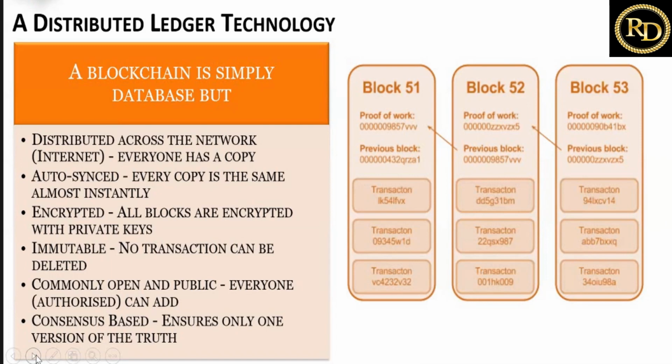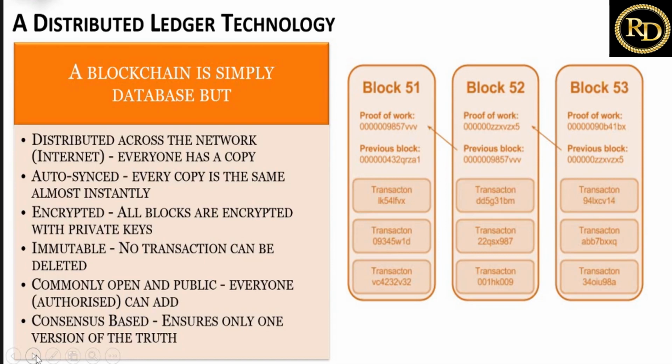Now, the reason it is not deleted, you can see in the diagram on the right side. Block 52 has a reference to the previous block 51. If you see the proof of work, and below that there is a previous block. The proof of work of the previous block is embedded in the subsequent block. Similarly, block 53 has a reference to block 52.